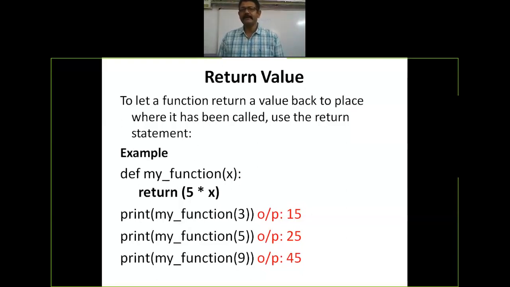Return is a facility or a statement that helps you return a value back to the program. In the function, at the last we have to write what value you want to return.